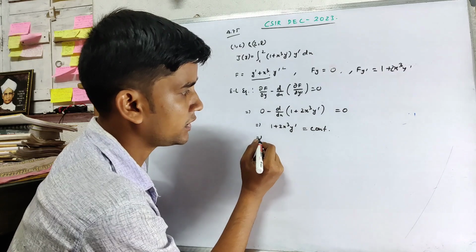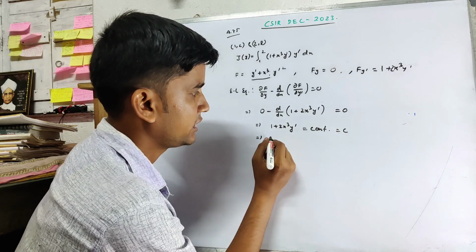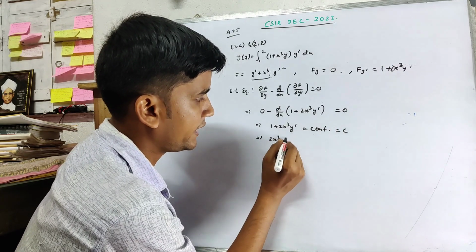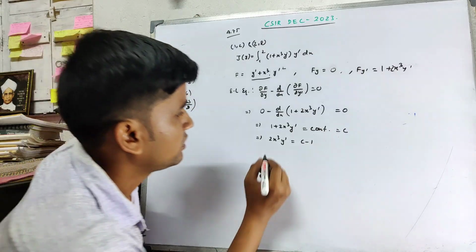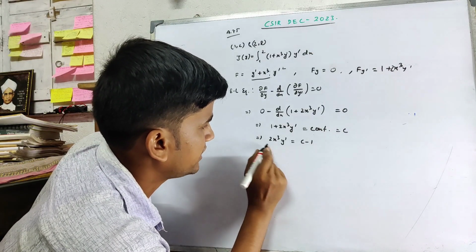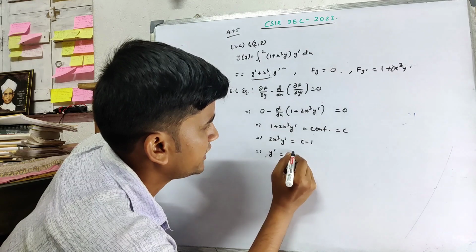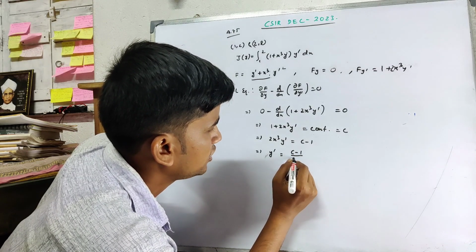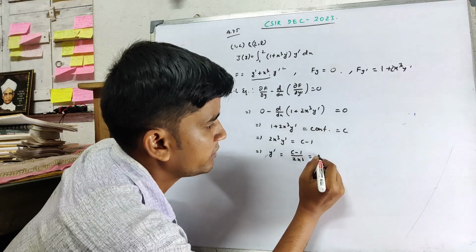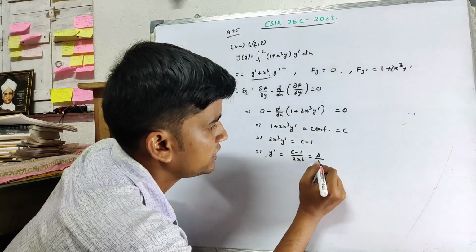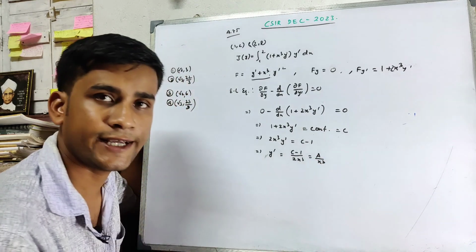Suppose this is equal to c, so 2x cube y dash is equal to c minus 1. So y dash equals (c minus 1) by 2 into x cube. If we write (c minus 1) by 2 as a, then y dash is a by x cube.